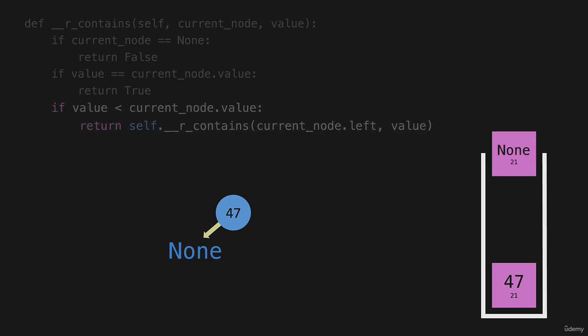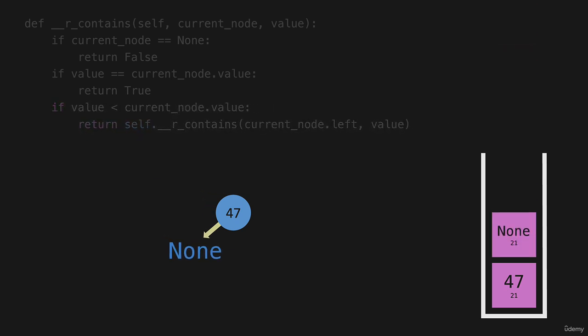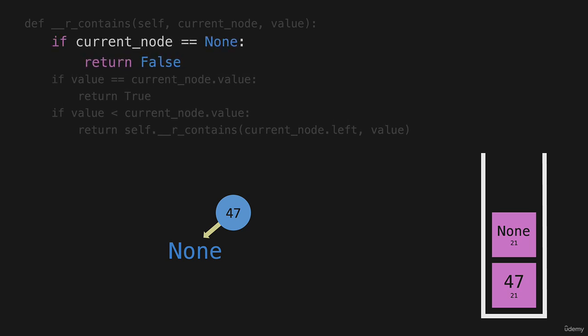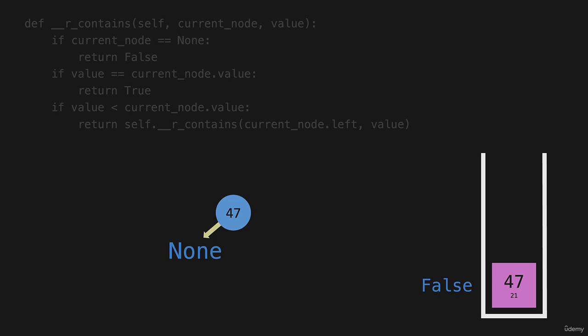So we're going to call an instance on none. So now this is the active instance on the call stack. So this is going to start at the top and say if current node is equal to none, and that is the case, we're going to return false. And it's going to return false to here, and this gets popped from the call stack.